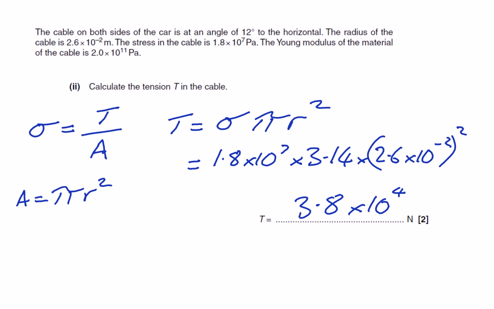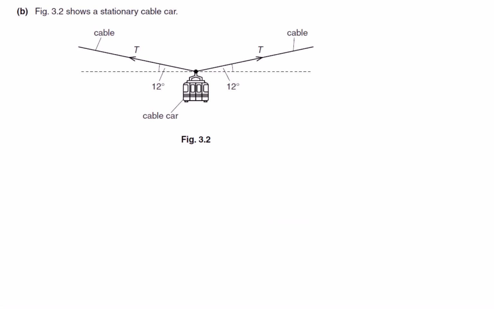And finally on to part 3, where we've got to work out the weight of the cable car. Sorry, I haven't got that part of the question in, but it's there. So I'm just going to draw the weight of the cable car, which was here.